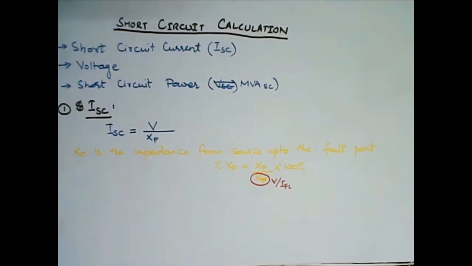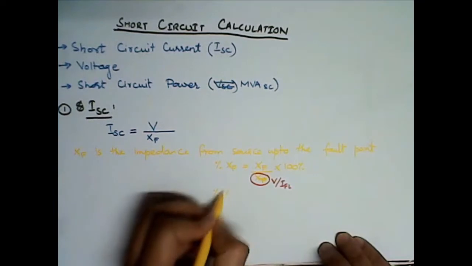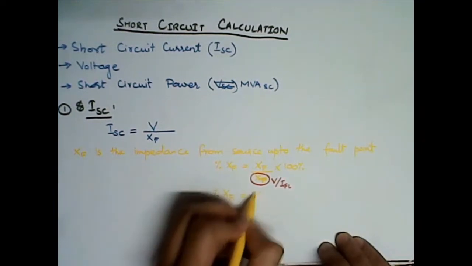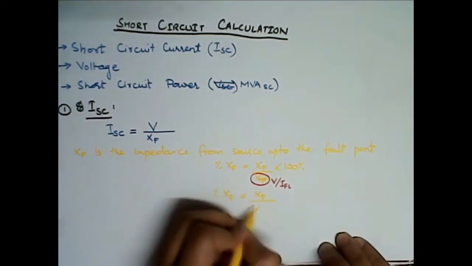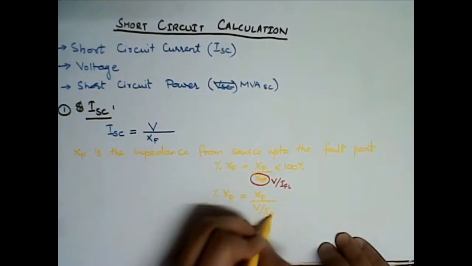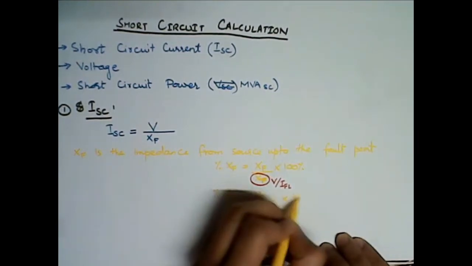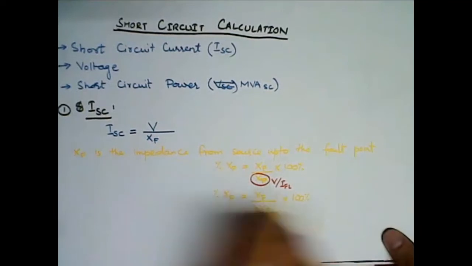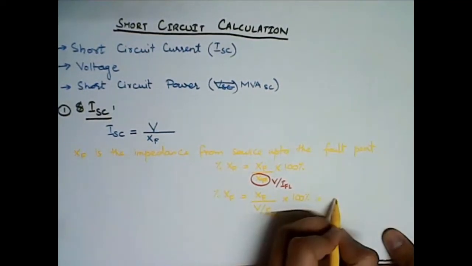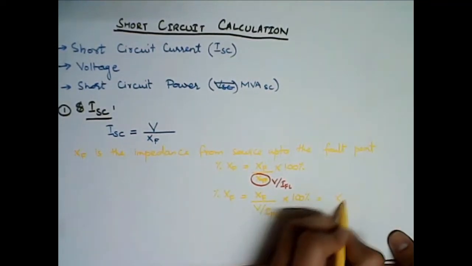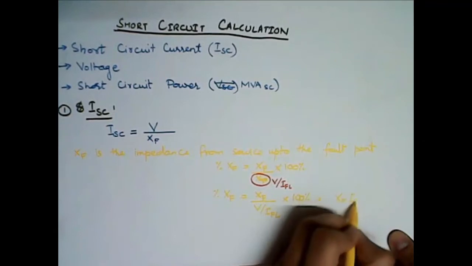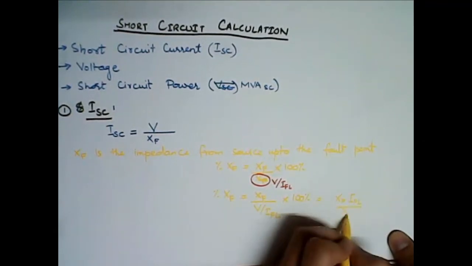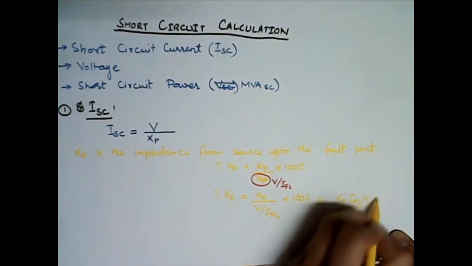In other words, we can write this percentage fault reactance as XF divided by V divided by IFL times 100%, and when we rearrange the denominator, this becomes XF times I full load divided by V times 100%.